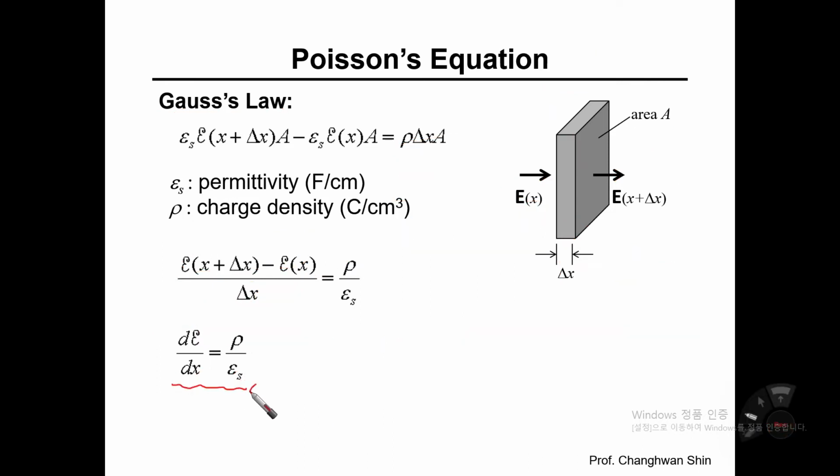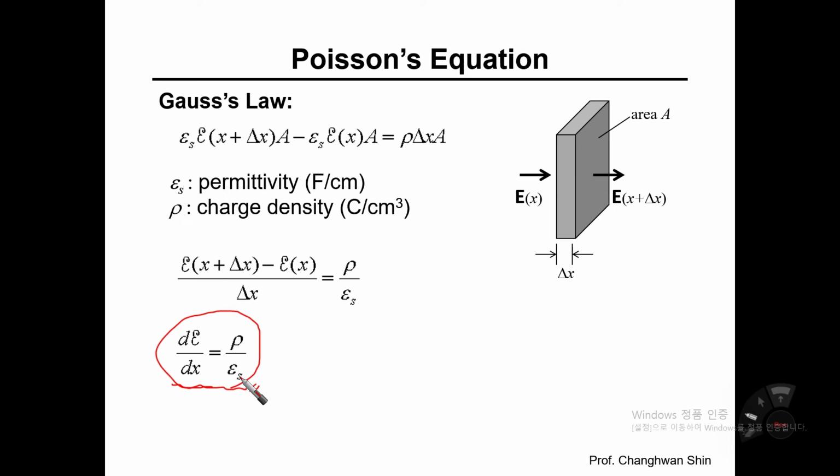So now you have caught your own intuition and idea of how to write the equation for Gauss's law. And this equation is named Poisson's equation. Basically, Poisson's equation is developed to describe how the electric field intensity varies along the x direction.